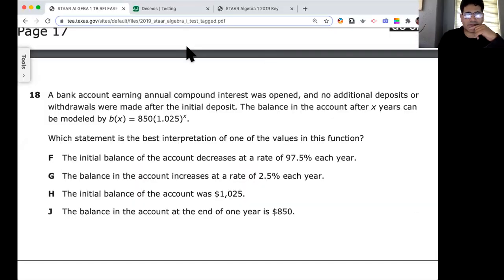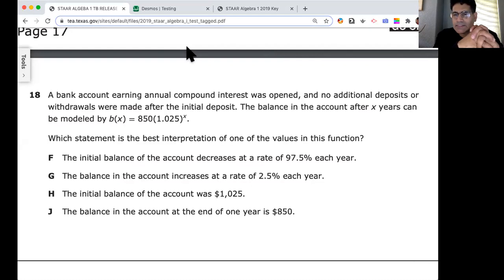As I sit here looking at this, another word problem. A bank account earning annual compound interest was opened, and no additional deposits or withdrawals were made after the initial deposit.